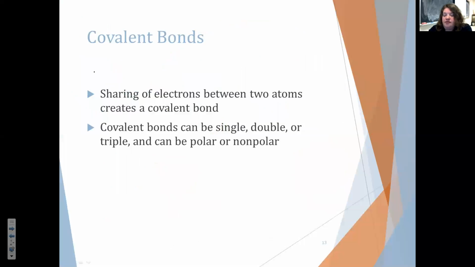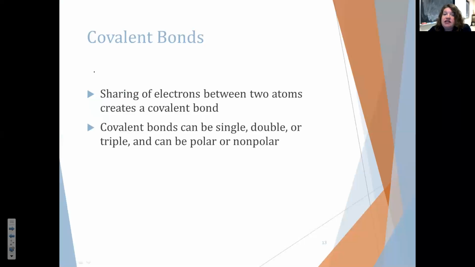Now sometimes the outer electron shell of an atom has like 4 or 5 or 3 electrons. Too many to give away, too many to take on, so it's hard for that atom to form an ion, but it still wants to be stable.